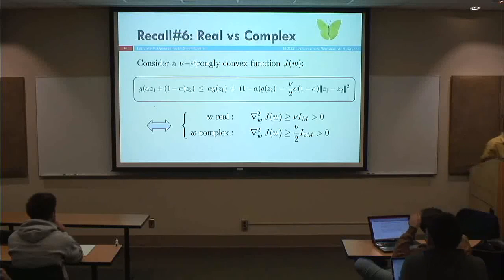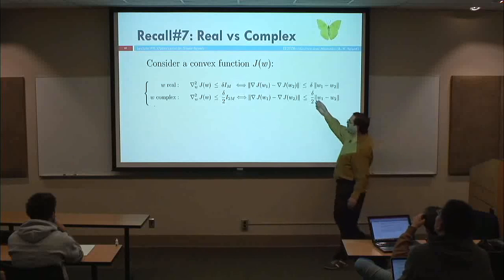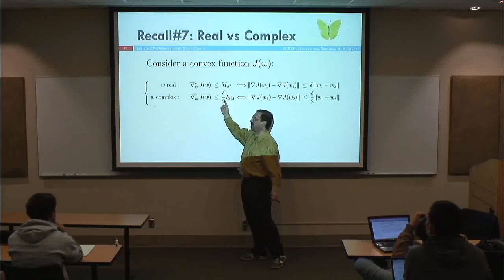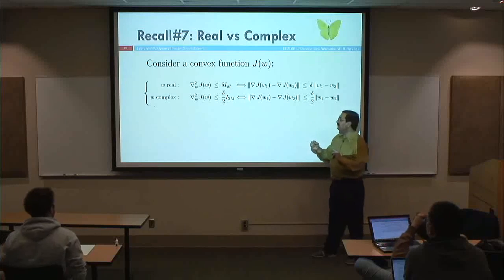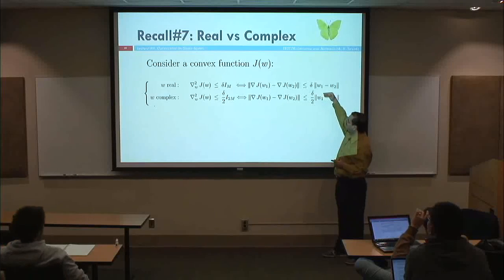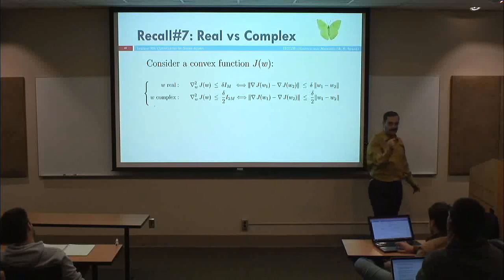And likewise, when you talk about Lipschitz gradient or upper bounded Hessian, if you say upper bounded by delta or by delta over 2, that will translate into delta over 2. So you see that whether you are working with real arguments or complex arguments, there is just a factor of 2 that appears.